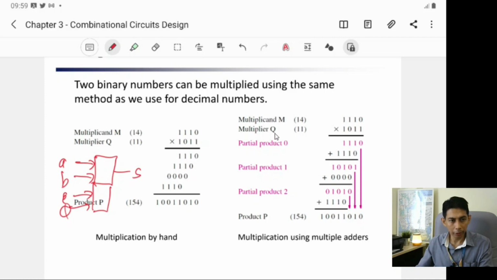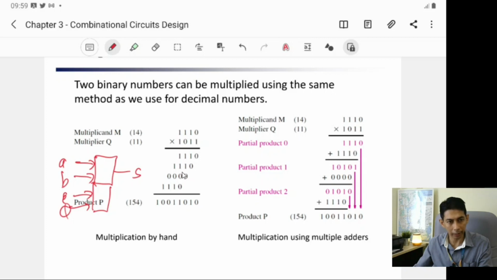So what we do now is the same process. For example, this one, the multiplicand, we AND with this one to get what we call partial product 0, which is simply this AND with this, and we get 1110. We AND again this one with the second digit of the multiplier, and we get the same number.